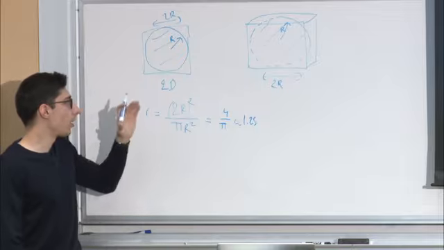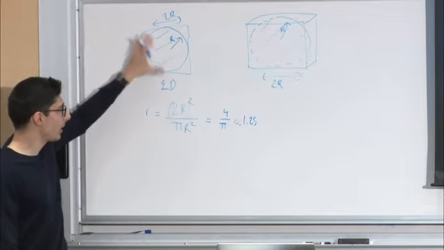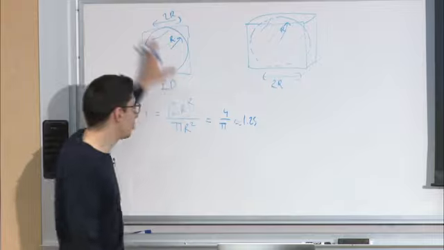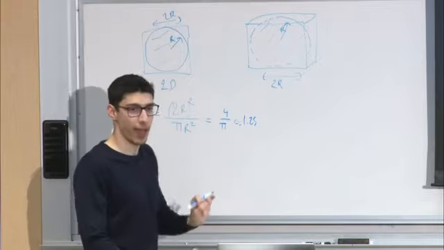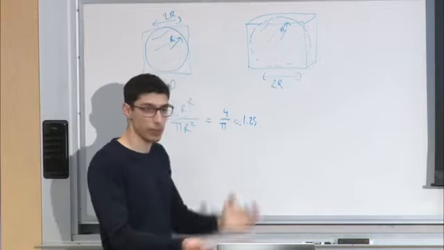So the ratio of the total surface is 1.25 times what's interesting for you.